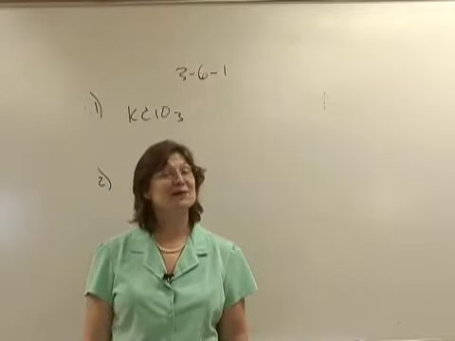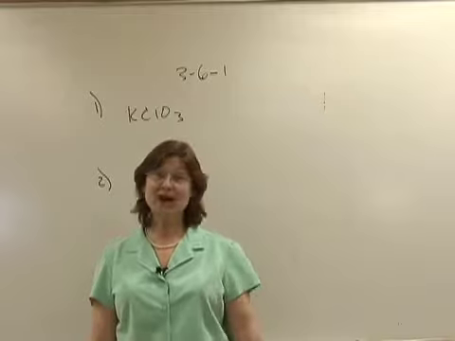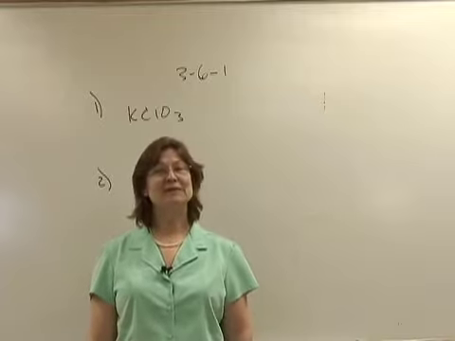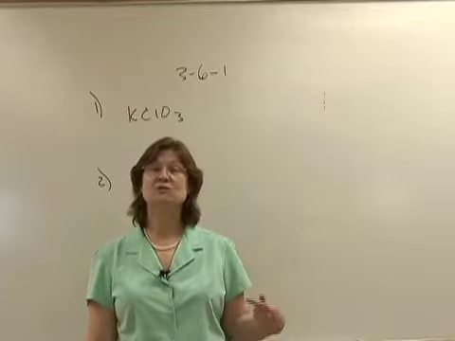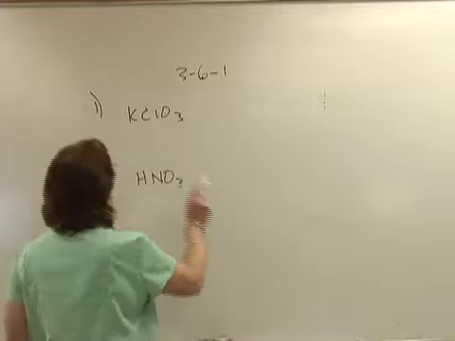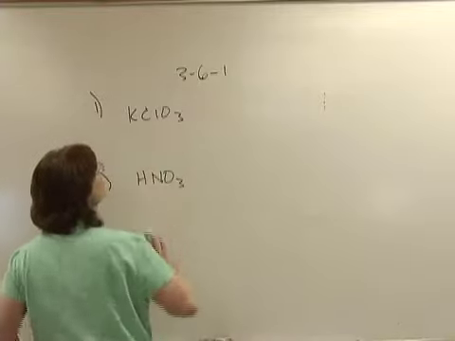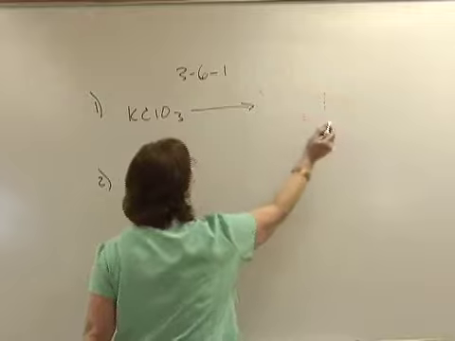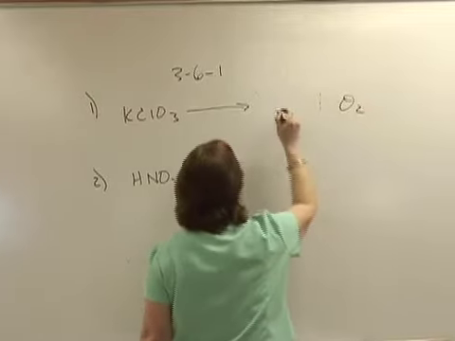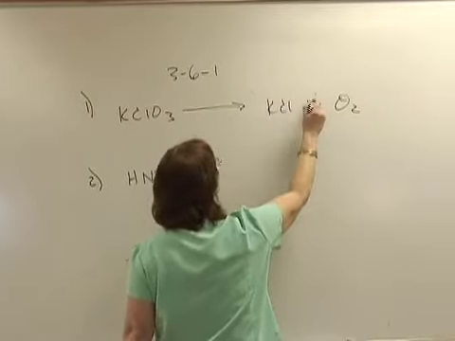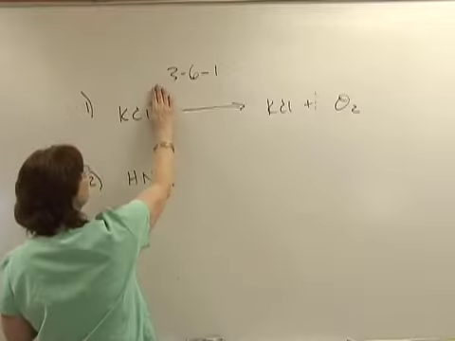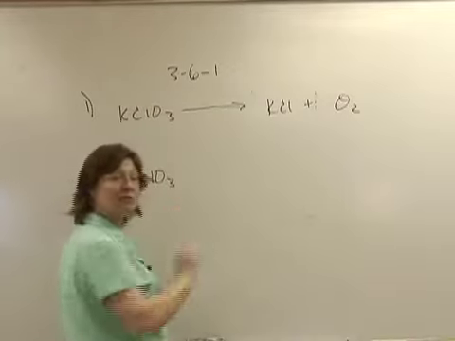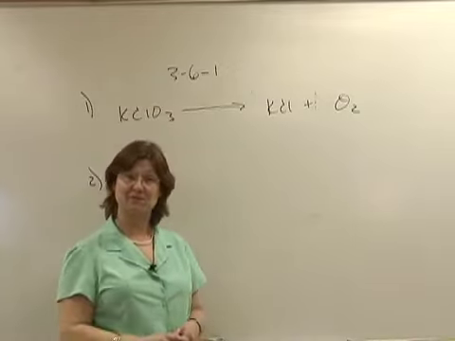In number 1, we have one of my most favorite compounds, potassium chlorate. And whenever we decompose a metallic chlorate, we always are going to get oxygen. And therefore, when I remove the oxygen, I am also going to get the metal chloride. Once I have my products, then I just have to balance the number of atoms.